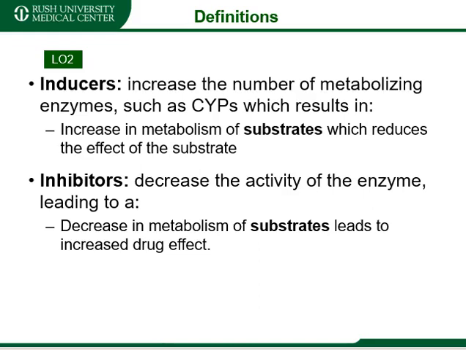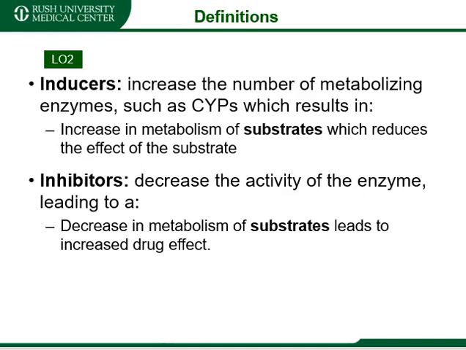And so a drug can be a substrate and an inducer. A drug can also be a substrate and an inhibitor of a specific enzyme. And there are some drugs that are substrates of enzyme A, but inducers of enzyme B. And there are other drugs that are substrates of enzyme A and inducers of enzyme A. So there's all combinations.